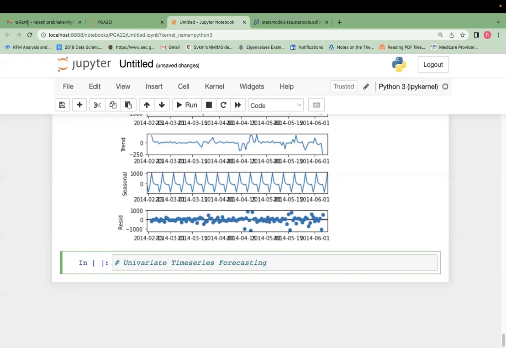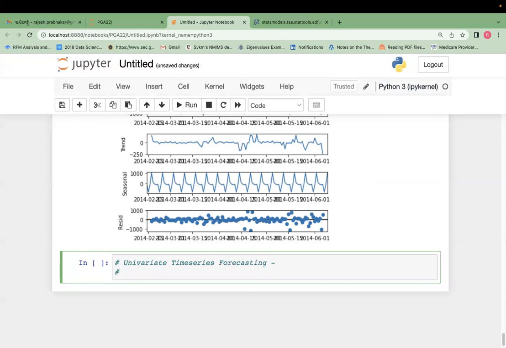There are many methods academically we use in terms of time series forecasting. But the most prominent time series forecasting model is the auto-regressive integrated moving average method, also called ARIMA, with p, d, q. ARIMA method, auto-regressive integrated moving average method.